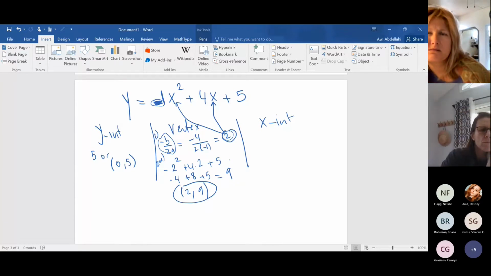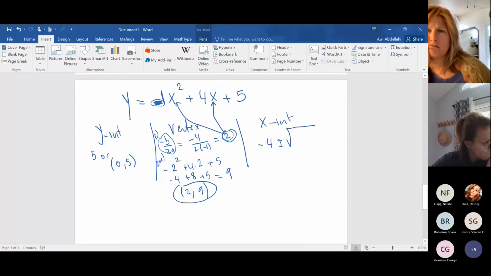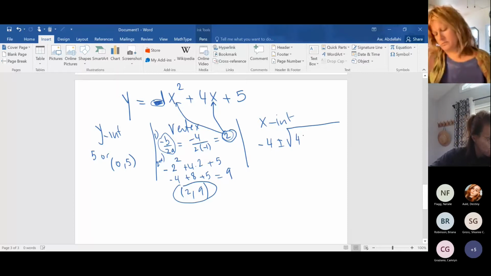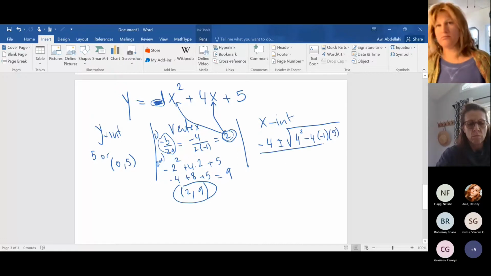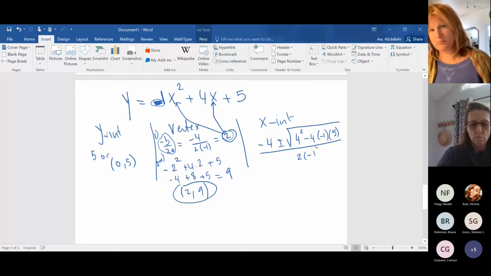Now for the x-intercept, if I see some very easy factoring, I go ahead and factor. But personally, I'm always suspicious when I have a number in front of x squared other than 1. Let's do the quadratic formula, which is safer in this case. It's negative b, which is negative 4, plus or minus the square root of b squared, which is 4 squared, minus 4 times negative 1 times 5, all over 2 times negative 1.